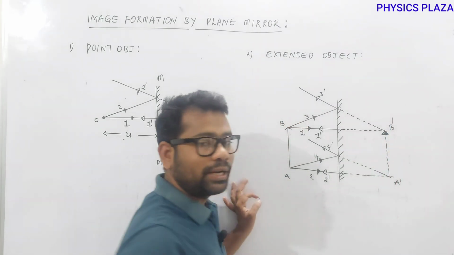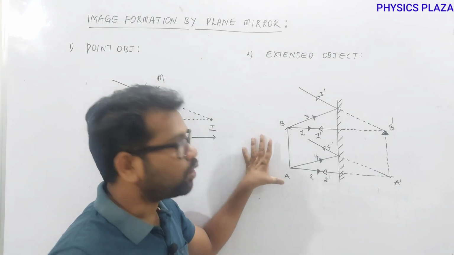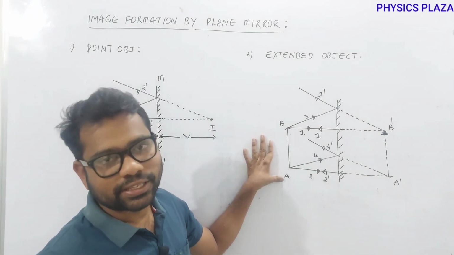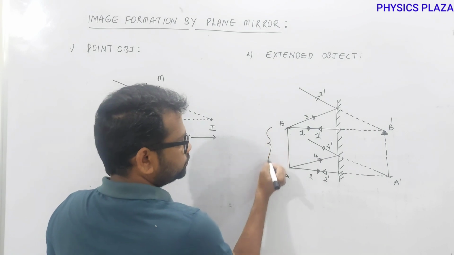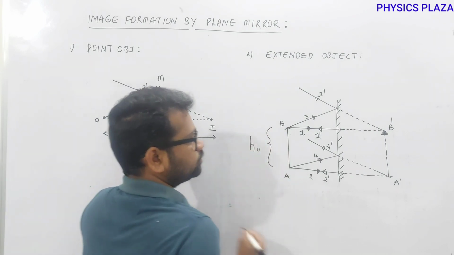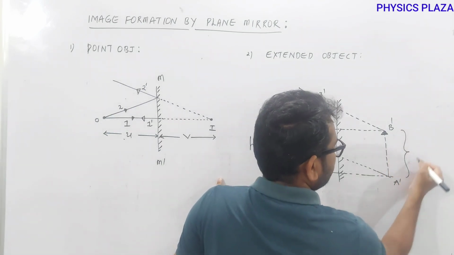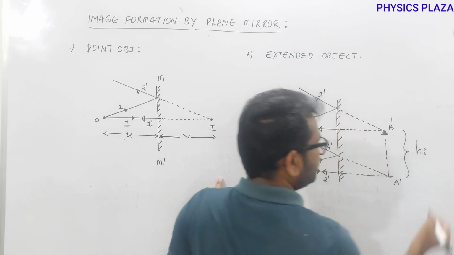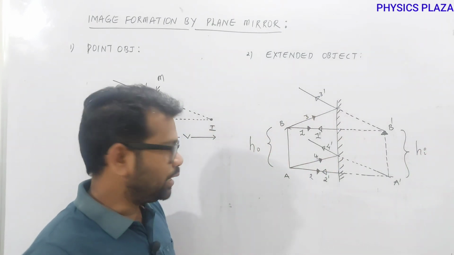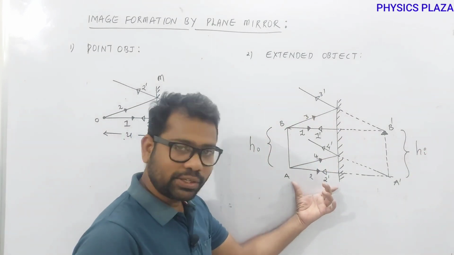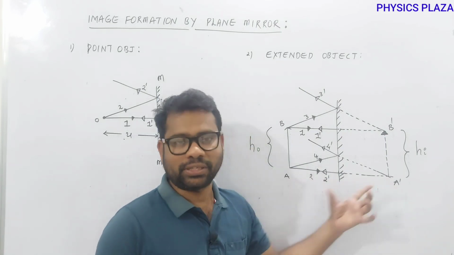That is the image of the extended object. Let H0 be the height of the object and Hi be the height of the image. Here is the object distance and here is the image distance.